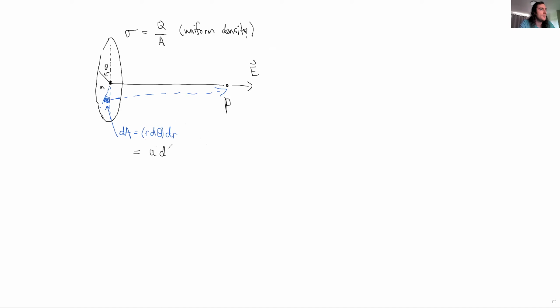So a d theta da. This is the radius on the disk. We're going to reserve r for the distance from the charge to the point P. So this is going to be our r vector here. And actually, let's clean it up a little bit. Let's make it look nicer.